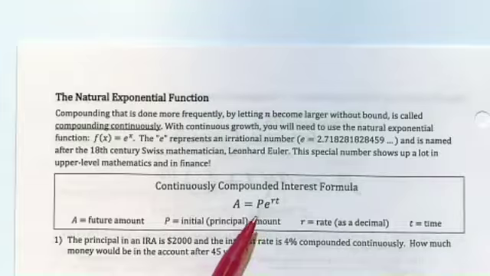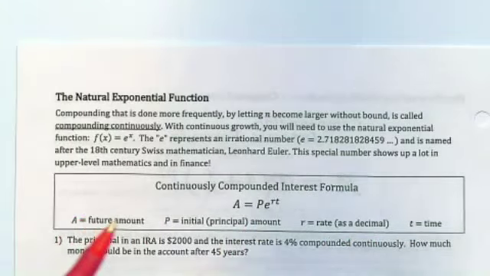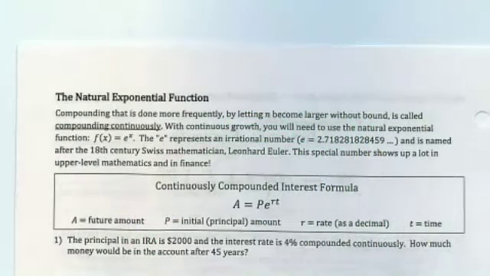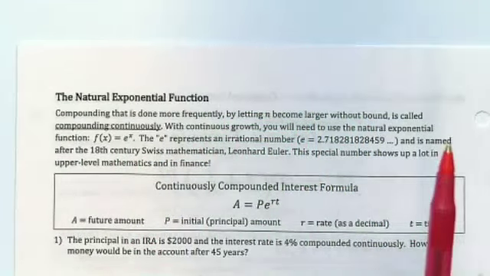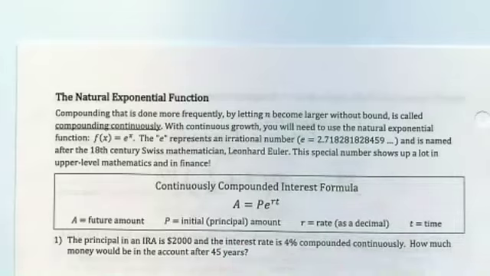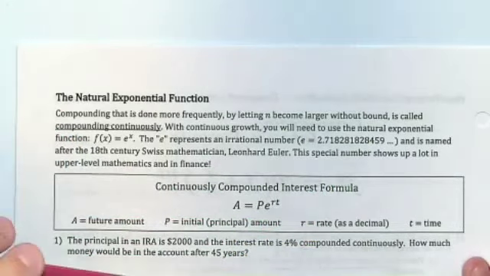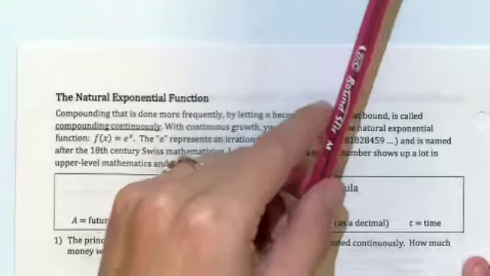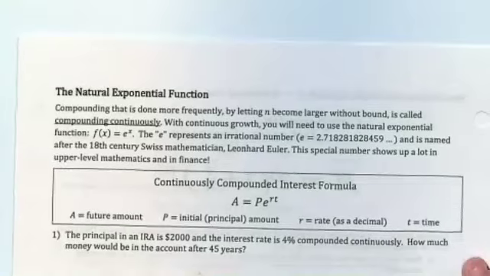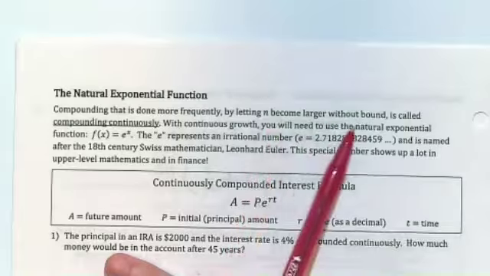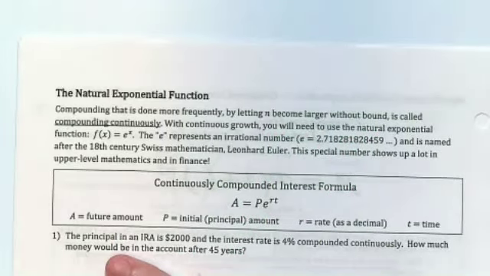But when it's compounded continuously, it means it continues to grow, literally continuously, nonstop. It takes the amount of money that's in there and does all the math, and then it takes the new amount and just keeps doing this formula nonstop. So it continues to grow, grow, grow, grow, grow. So again, letting that be done more frequently, it becomes larger without bound.